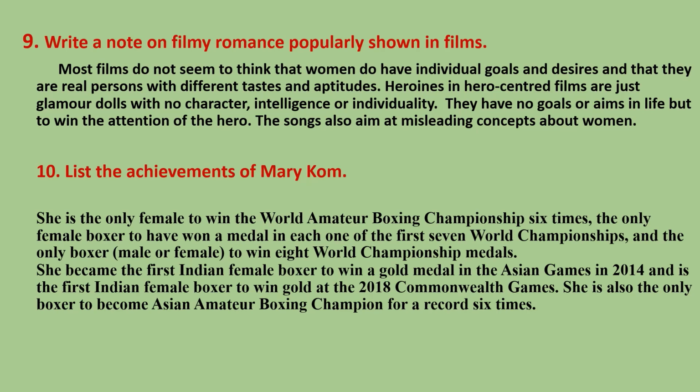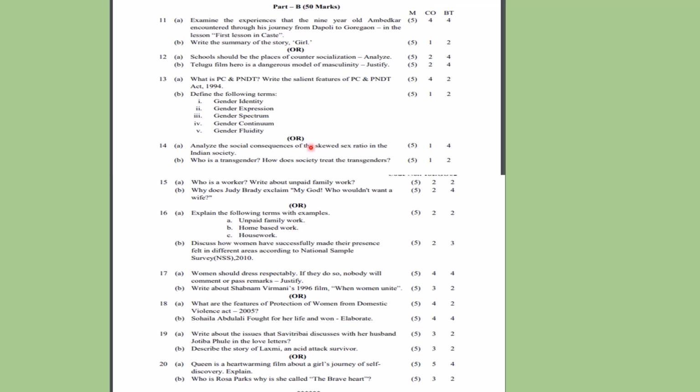So this is about the first part, section A, short answers, and this is your part B for 50 marks. There is an internal choice, students: 11th A or B, 12th A or B, then 13th A or B, 14th A or B. The first 11th and 12th questions are from Unit 1, 13 and 14 are from Unit 2, 15 and 16 are from Unit 3, 17 and 18 are from Unit 4, and 19 and 20 are from Unit 5.